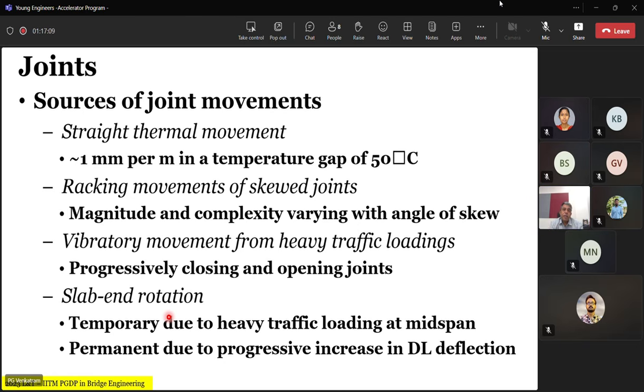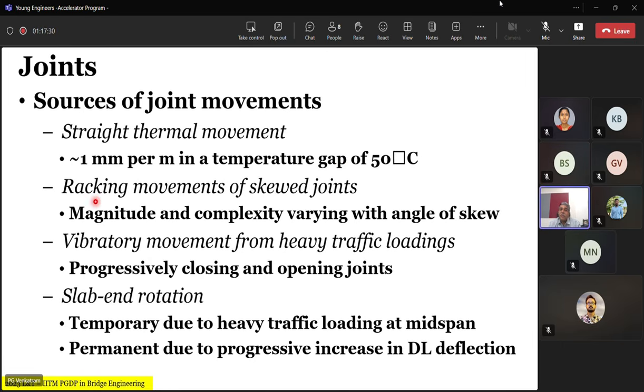Now, what are the causes for joint movement? Straight thermal movement. Don't go too much by the magnitude: roughly 1 millimeter of movement per meter for a temperature gap of 50 degrees.